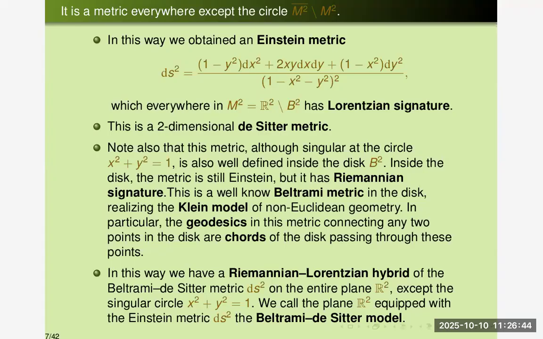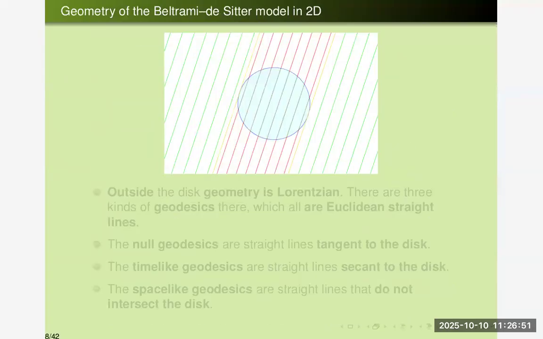Now let me pass to something more exciting. I have a hybrid Lorentzian-Riemannian manifold. Entire R2 is here Lorentzian outside, Riemannian inside, and on the circle it changes signature.